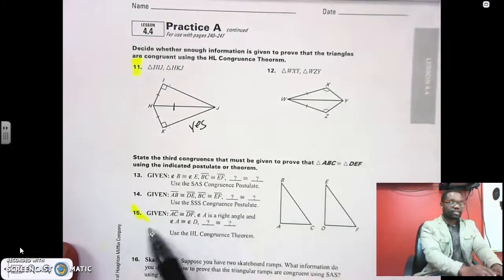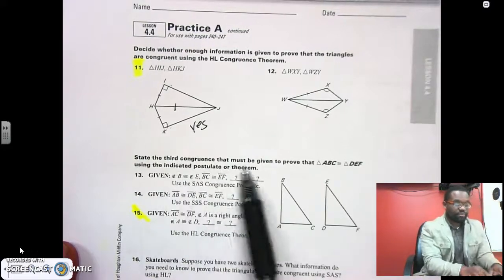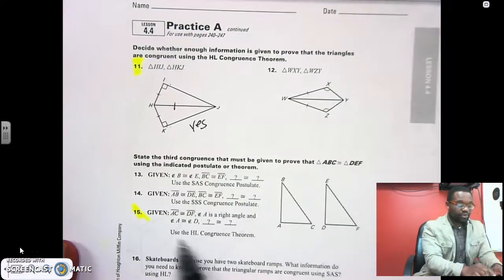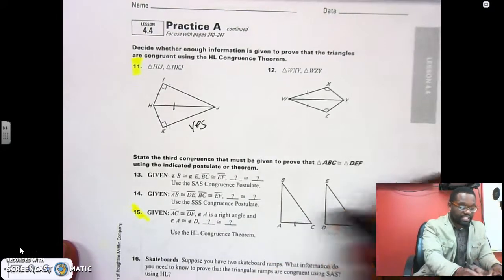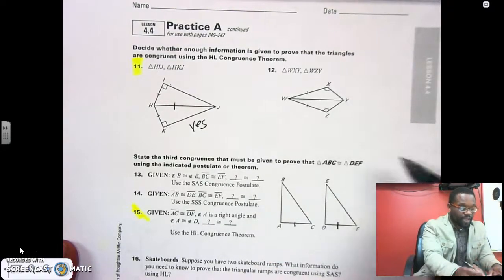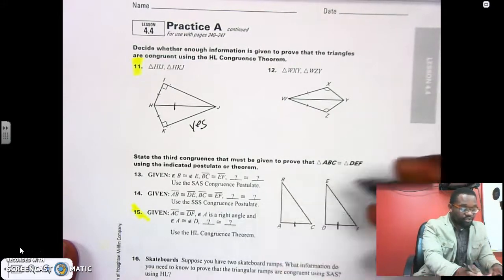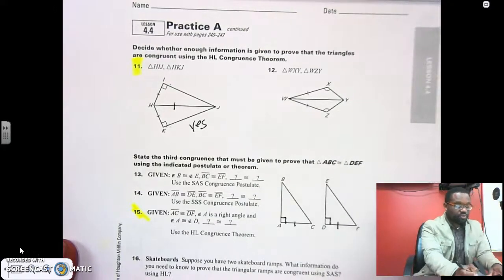All right, let's just look at number 15. State the third congruence that must be given to prove that these two triangles are congruent, and I want to use the hypotenuse leg theorem. So they told me that AC is congruent to DF. Angle A is a right angle and A is congruent to D. So if angle A is a right angle and D is congruent, it's also a right angle.